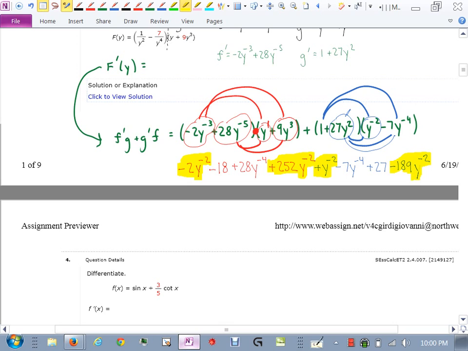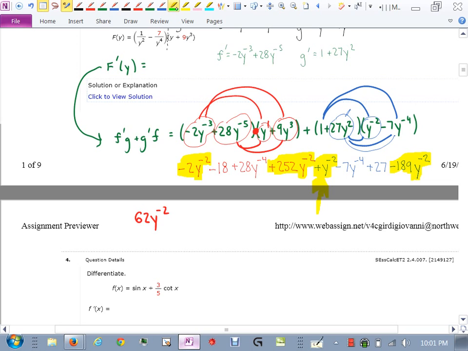So I take negative 2. I add 252. I add 1, because that's the coefficient in front right here. And then I subtract 189. And I think it's 62. So I have 62y to the negative 2.